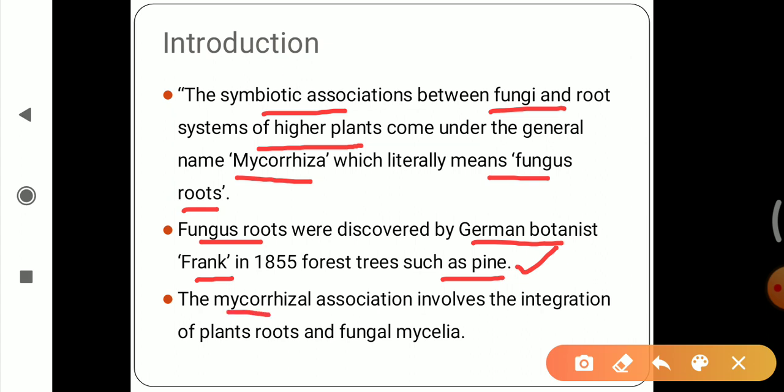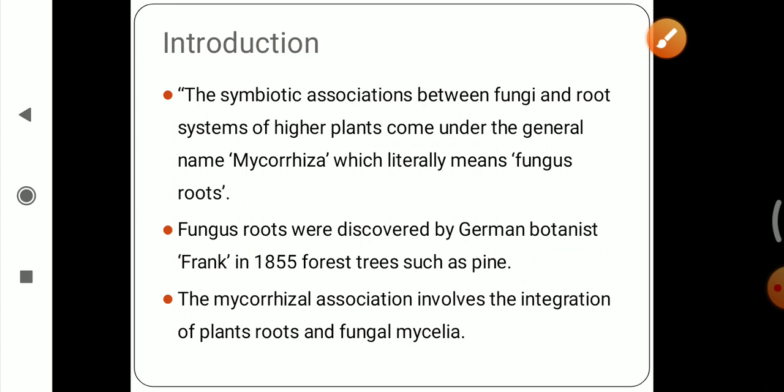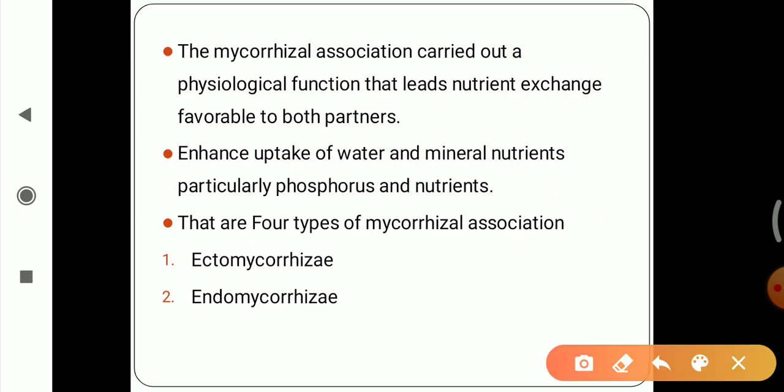The mycorrhizal association involves the integration of plant roots and fungal mycelia. It carries out a physiological function that leads to nutrient exchange favorable to both partners.